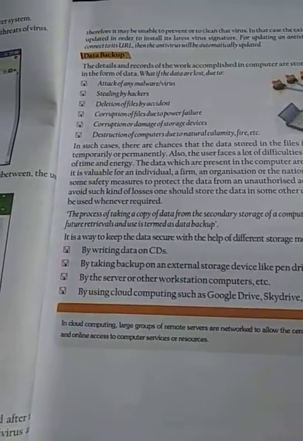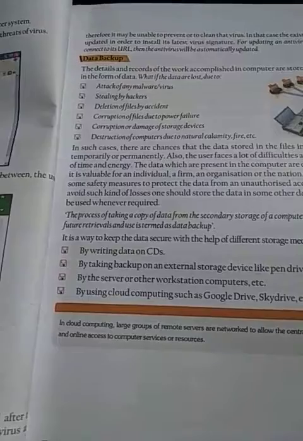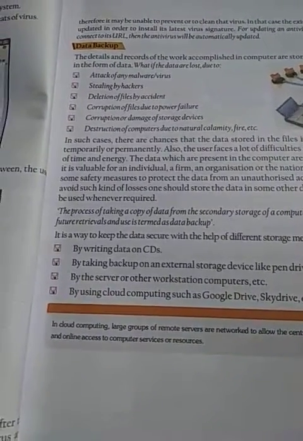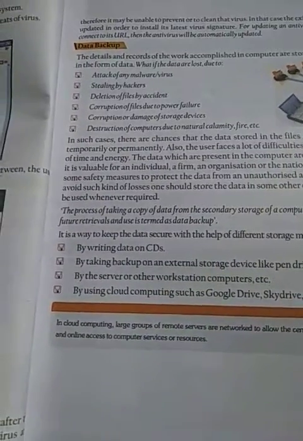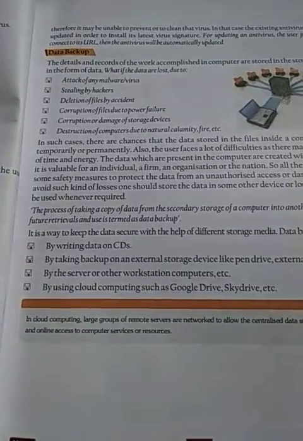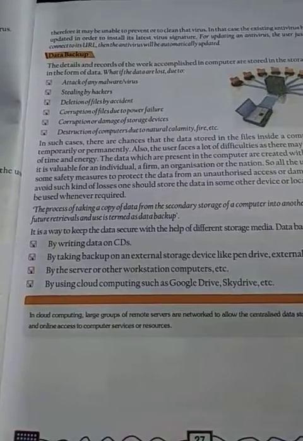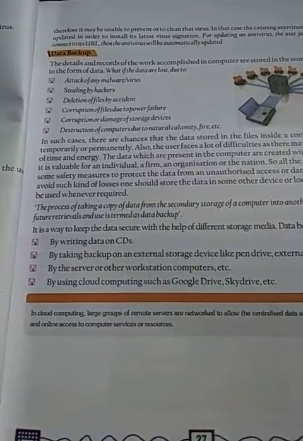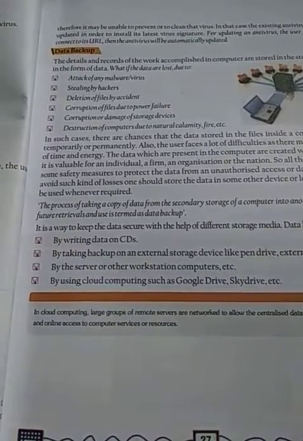So what we have to do, we have to back up our data. Backing up our data simply means to keep a record of that particular data in some other location. Now then, how do we back up data? Before that, we should discuss what is data backup.